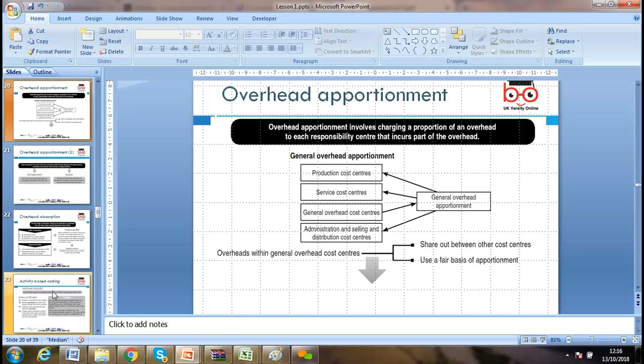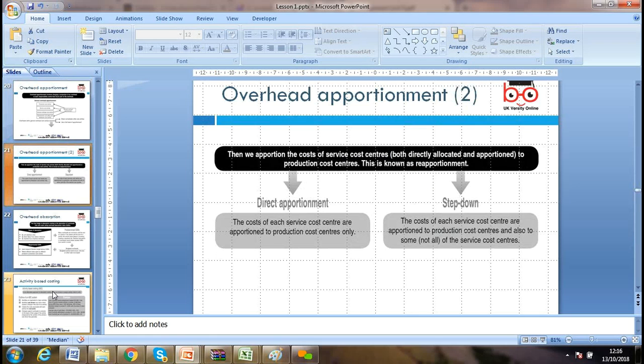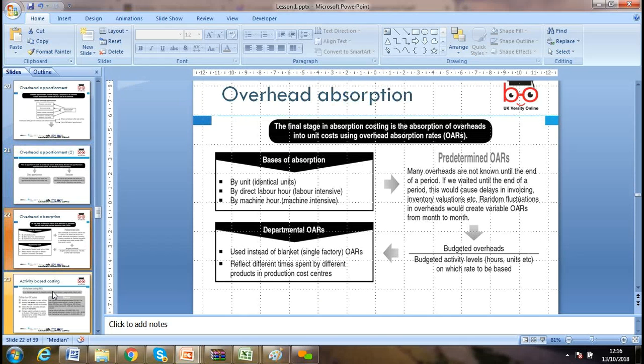So the overhead absorption methods differ. We can look at the production center, which produces the product, the service center, which provides services, and general overhead, which can be general admin and marketing. We can absorb the cost into the product using direct apportionment or indirect apportionment methods, which we'll go through.